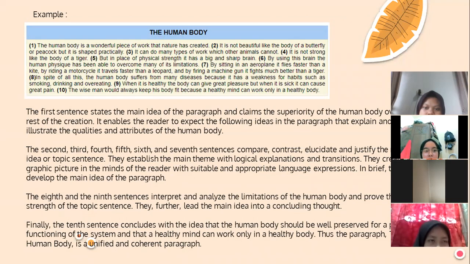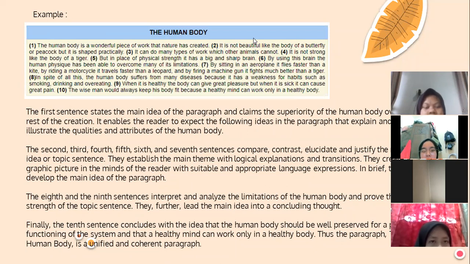Example: the human body. 1. The human body is a wonderful piece of work that nature has created. 2. It is not beautiful like the body of a butterfly or peacock, but it is shaped practically. 3. It can do many types of work which other animals cannot. 4.